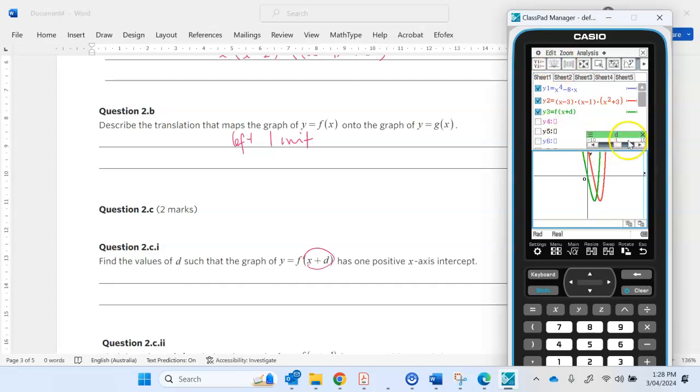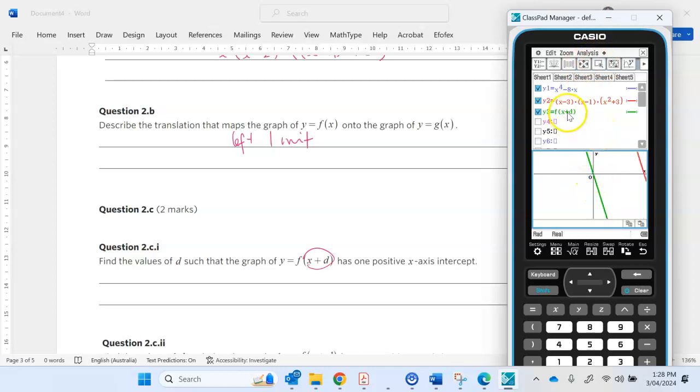So you can see at the moment d is equal to 1 because that red one shifted across 1. So what did we want? One positive x-intercept. At the moment, if I zoom in to this part here, it is crossing the origin.